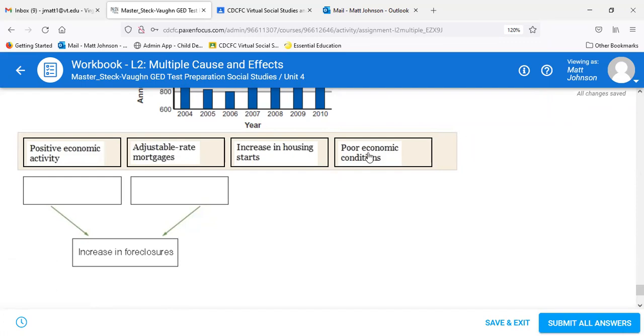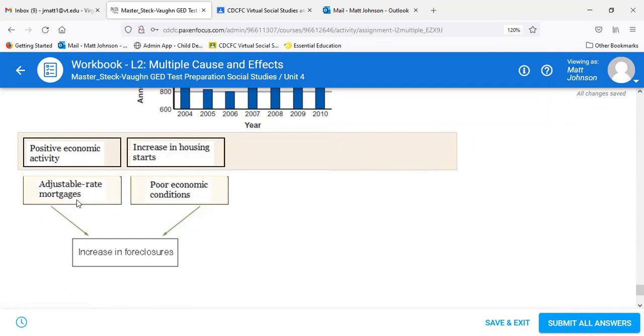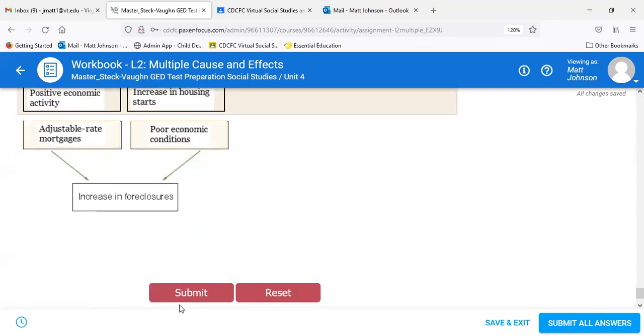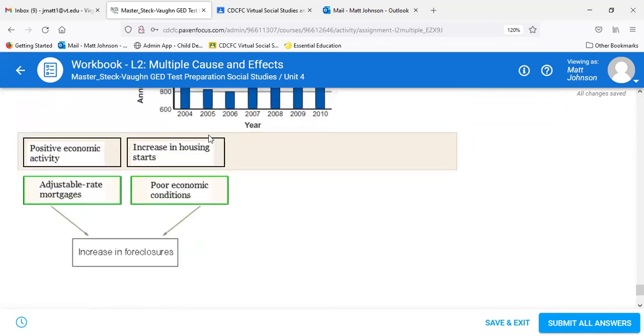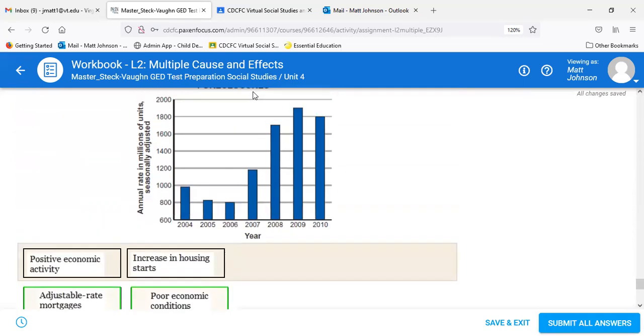Poor economic conditions, absolutely. What was the other one? Adjustable rate mortgages. Adjustable rate mortgages, right? Those are the 2 things that really just crushed the real estate industry in those years, and were a large part of the Great Recession in that time frame. So number 6, and that is it. That is social studies for today.